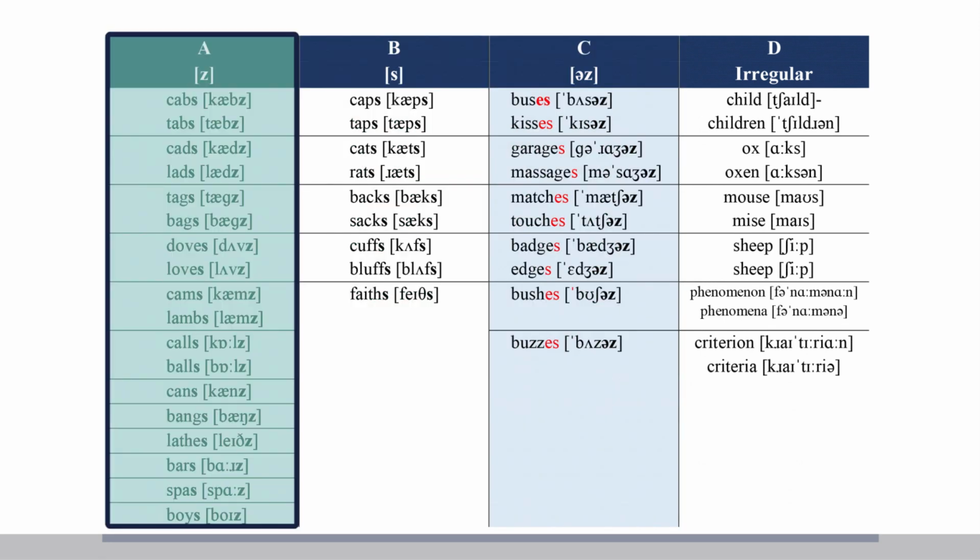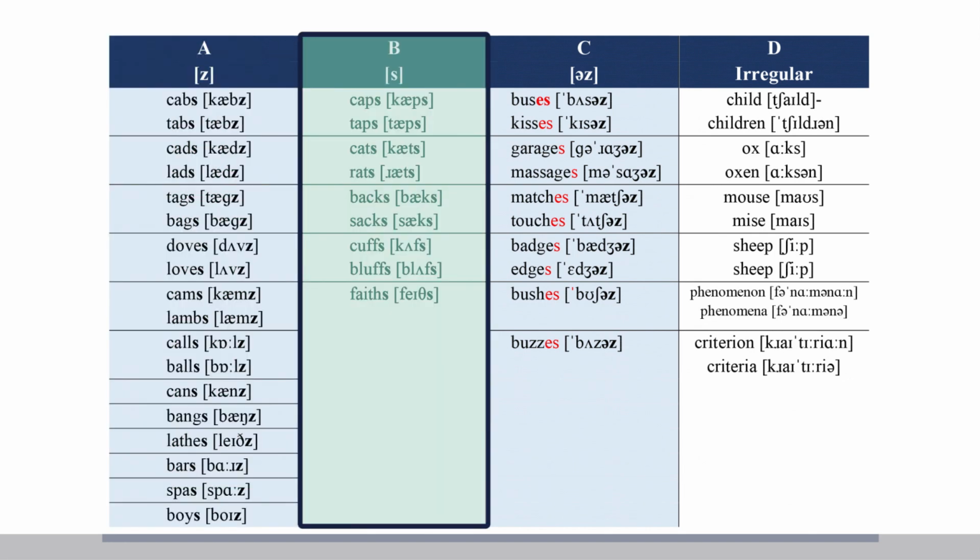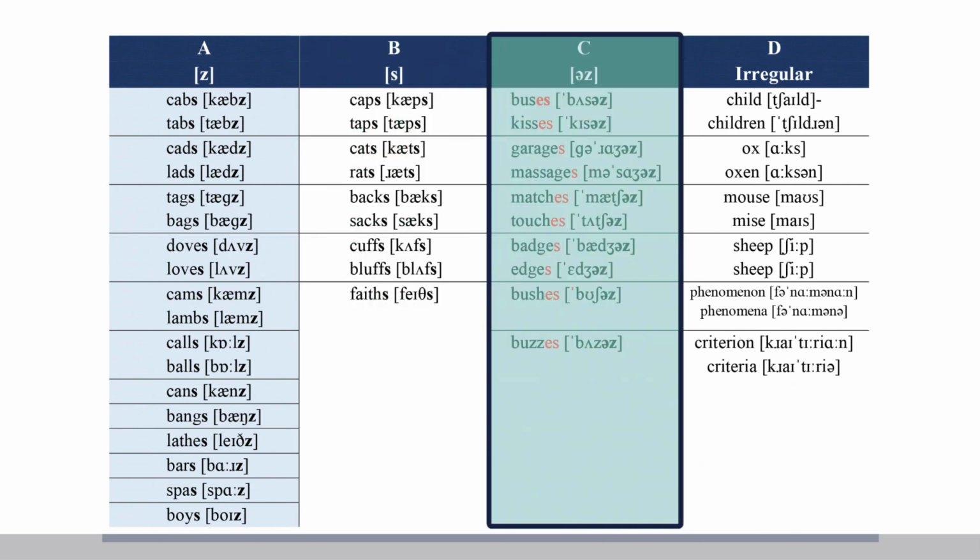You see, cab becomes cabs, tabs, cads. All of the nouns in A are pronounced "za". The plural s is pronounced "za". All the nouns in B, like caps, cats, backs, fates, are pronounced "sa". And then in C, we have the epenthesis.